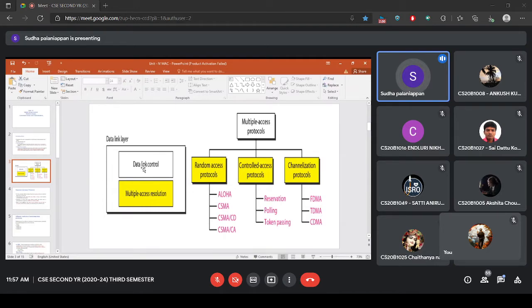Collectively, the data link layer performs flow control, error control and access control. How access control is done at the data link layer corresponds to the multiple access resolution, otherwise the media access layer.